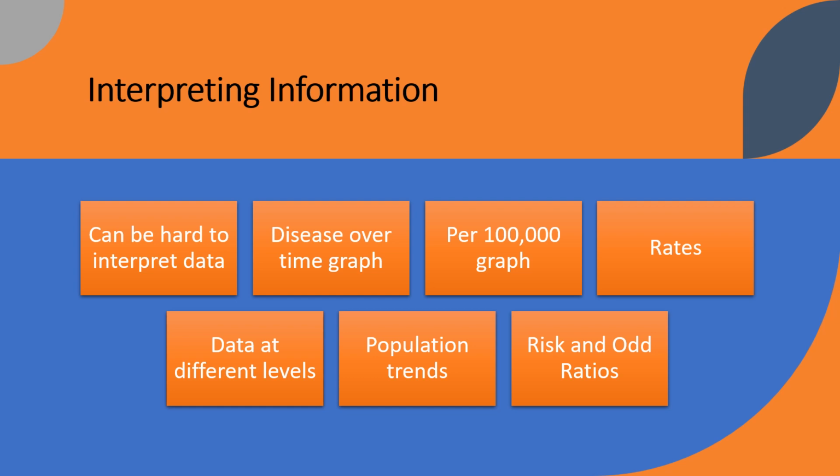When we use rates, we set populations in comparison of one another. We can understand the rate of an urban population as opposed to a rural population if we put disease rates within the 100,000. It's why a lot of times you see rates, because it's a much better understanding and description of what's going on in terms of the population.